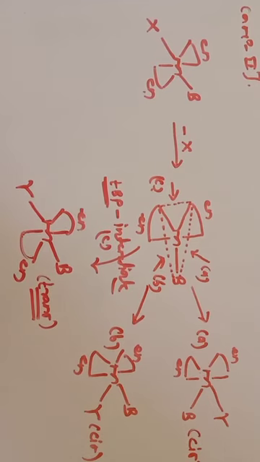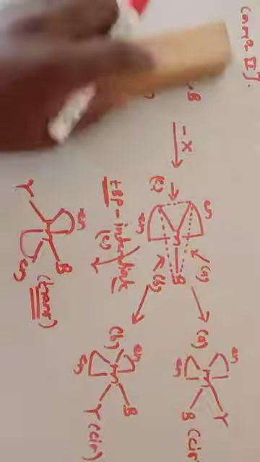So the ligands rearrange themselves in such a way that we get a trigonal bipyramidal intermediate, and after that we get the product, that is two cis and one trans. Another possibility, that is case third, we are discussing case third.